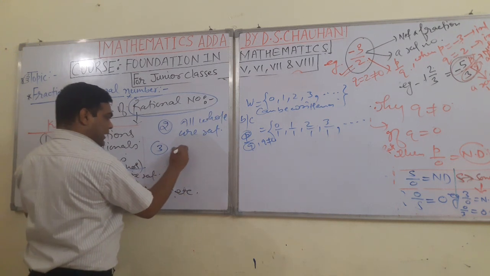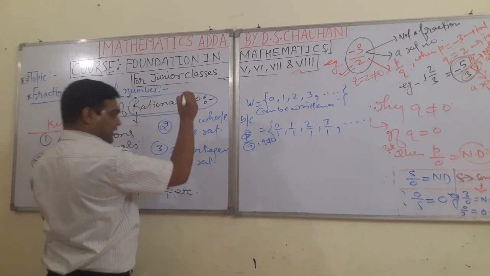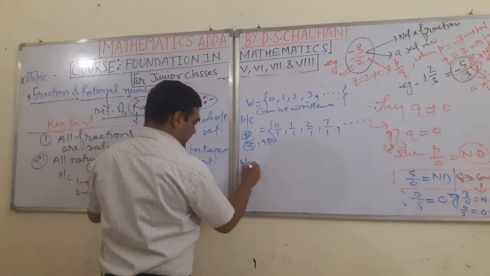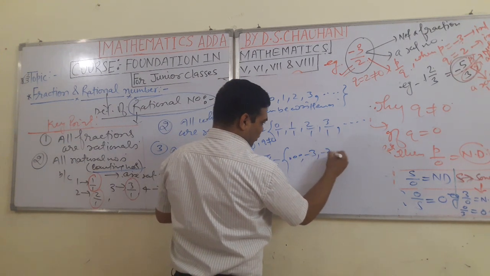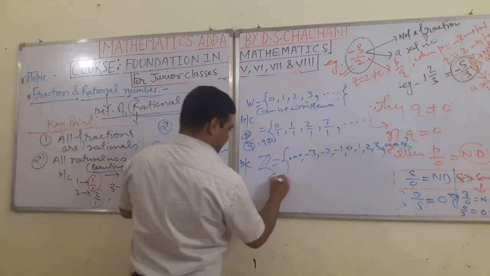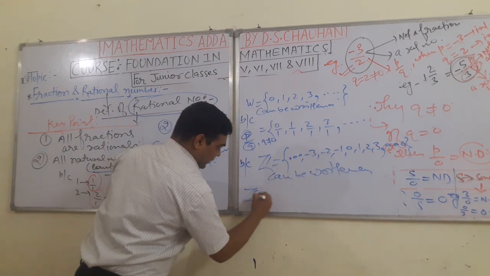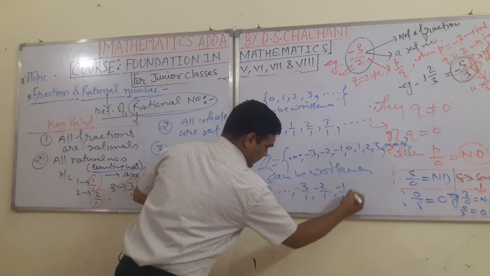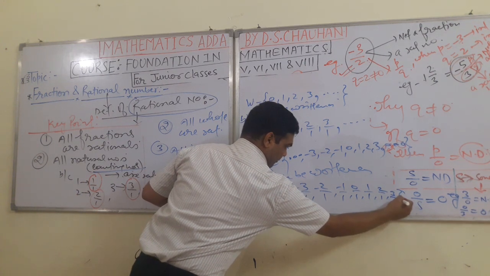Third point, all integers are rationals. All integers are rational, because you know integers Z equal to ..., -3, -2, -1, 0, 1, 2, 3, and so on, can be written as -3 by 1, -2 by 1, -1 by 1, 0 by 1, 1 by 1, 2 by 1, 3 by 1, and so on.